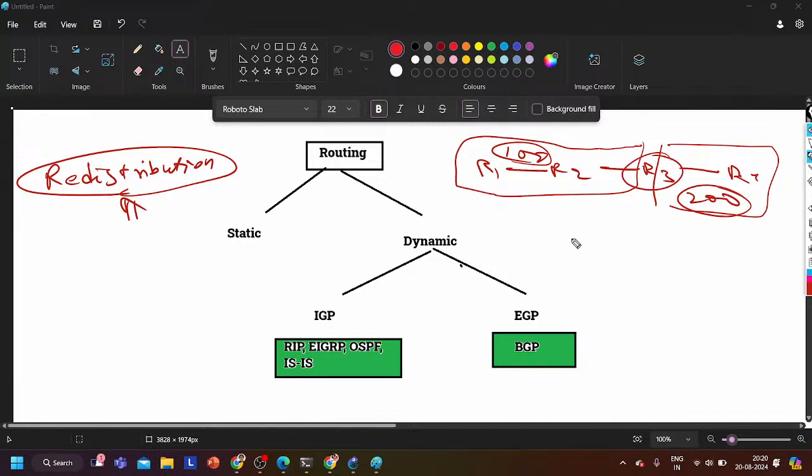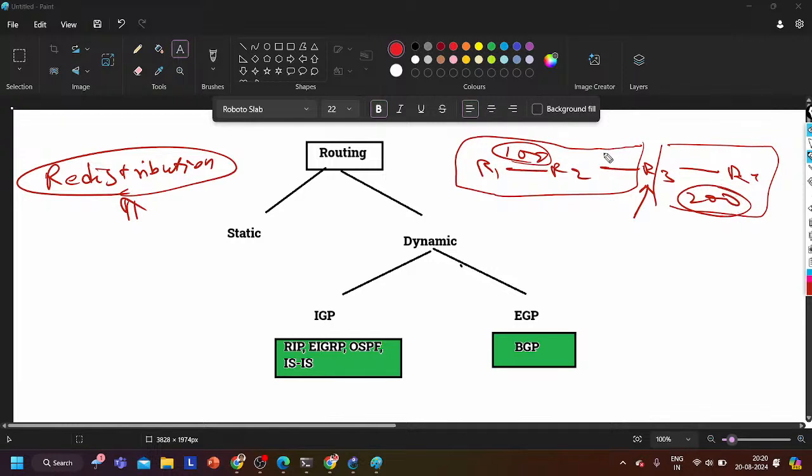Correct, guys? Till now, router 3 is maintaining how many routing databases? Two, one for AS 100 and one for AS 200.